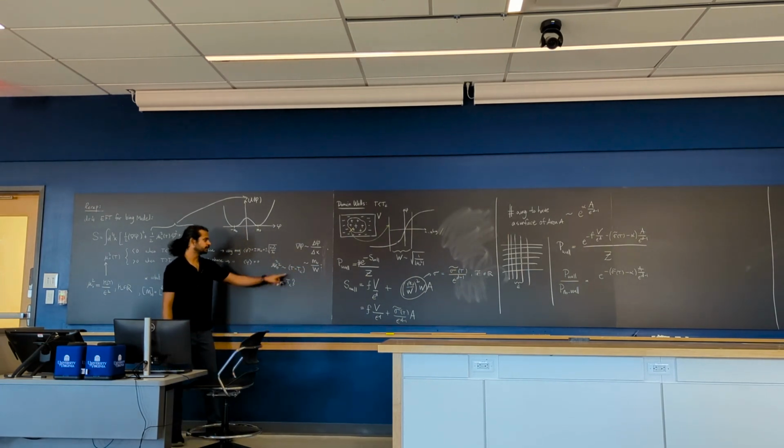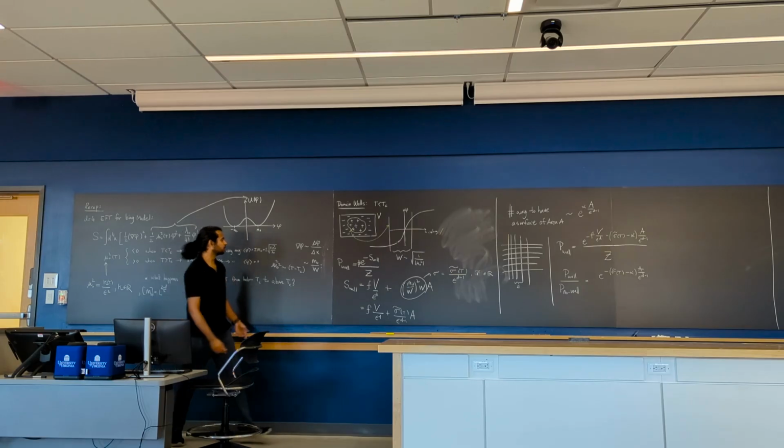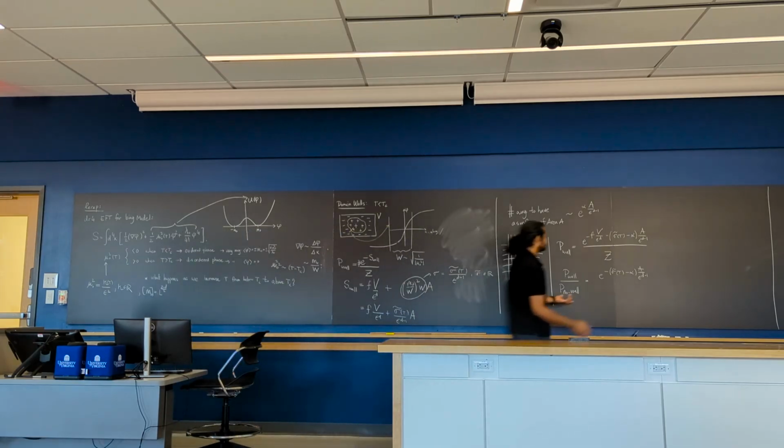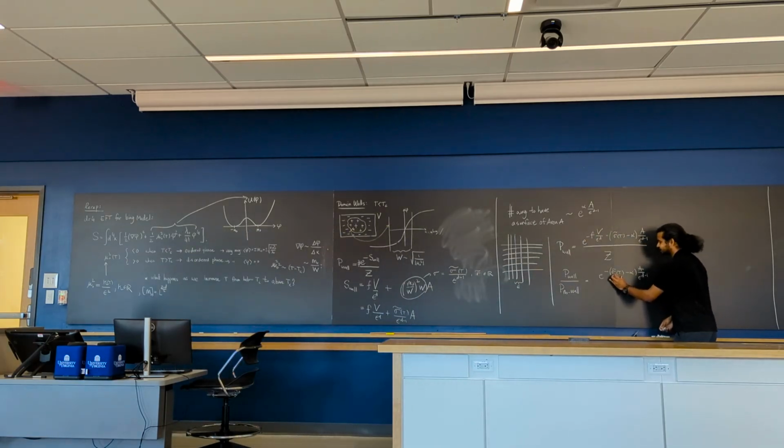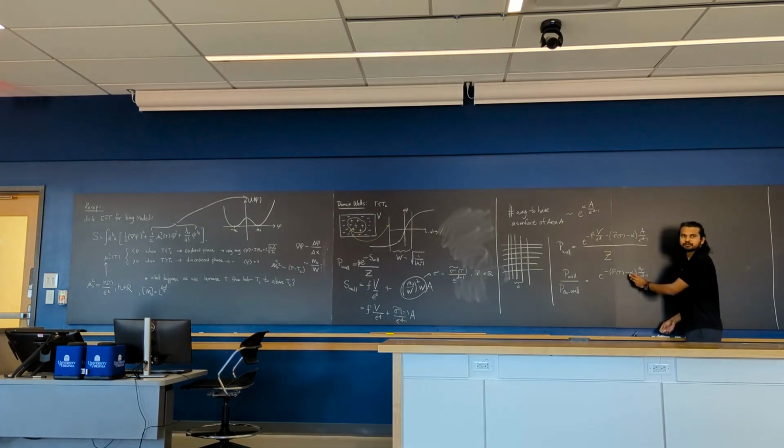If T is significantly below Tc, then this is a negative number, which is big enough that you can imagine it is bigger than alpha, which is typically of order 1.